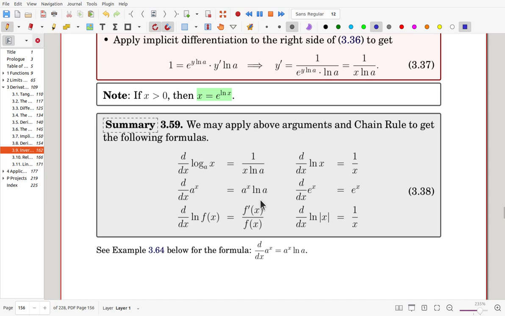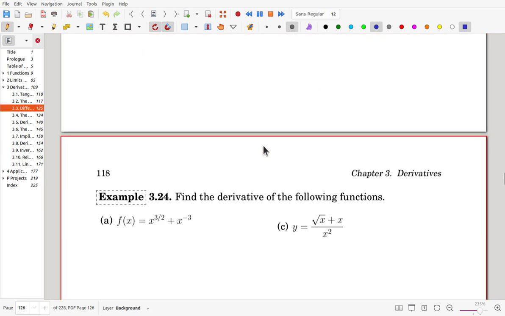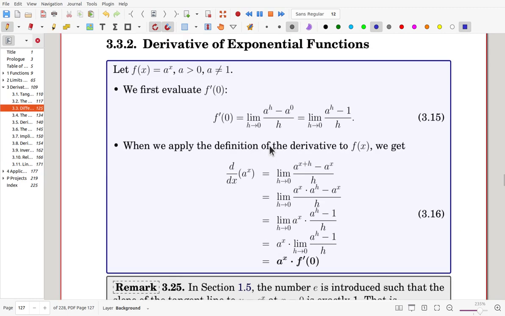Earlier, when we tried to get the derivative of a to the x, that is basically this position, the same as f prime at 0. We did. Let's go back to that position here. Okay, around here. If f(x) is a to the x, then by using the definition we can get the derivative, and that is the same as a to the x times f prime at 0, right?